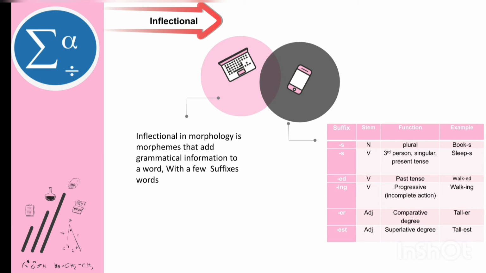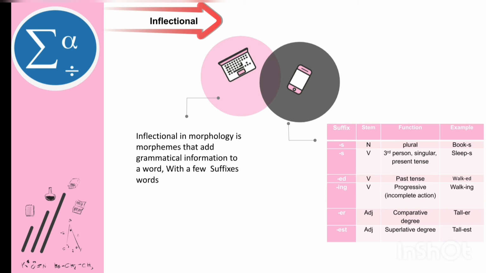So, what is inflection? Inflection in morphology is morphemes that add grammatical information to a word. When a word is inflected, it still retains its core meaning, and its category stays the same, with a few suffixes added. And so, what are the examples of inflections?